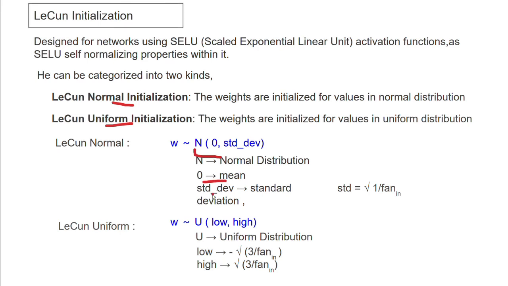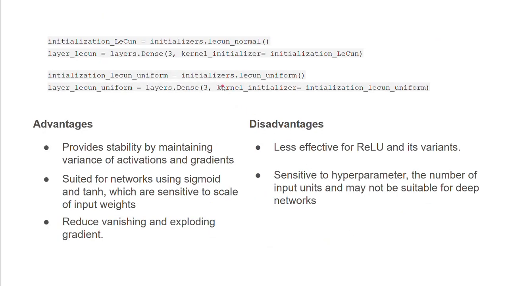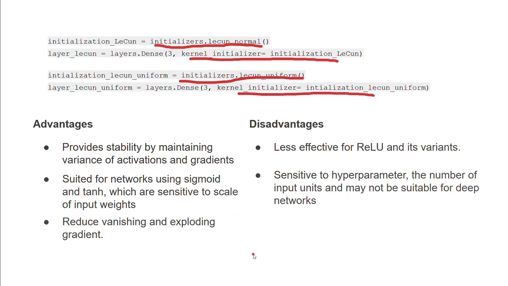Same method, the only difference is that here the standard deviation is square root of 1 divided by fan in, and for the uniform distribution, from low to high, the value is determined by square root of 3 divided by fan in. Okay, let's see how it's implemented. You need to use the initializer, LeCun normal, and then you can use it in the layers. For the uniform, similar, and then you can use it in the layers.